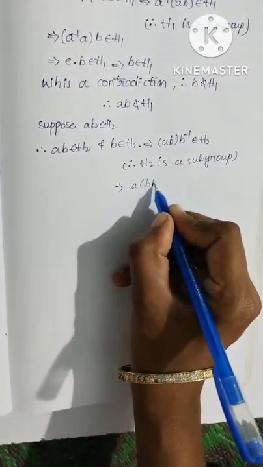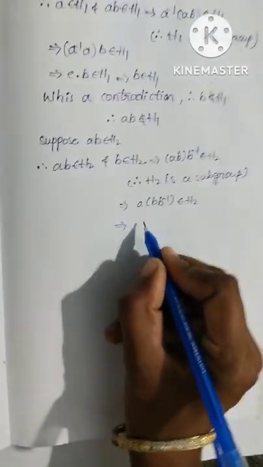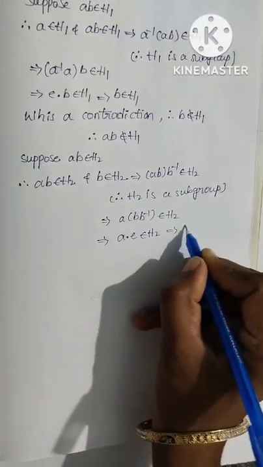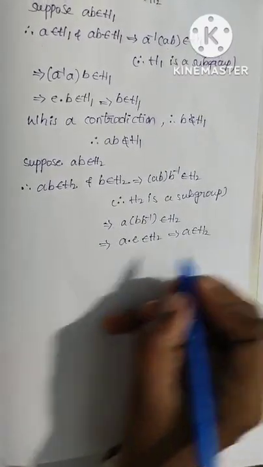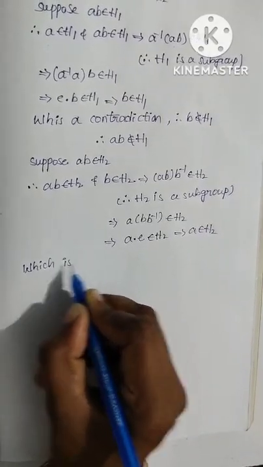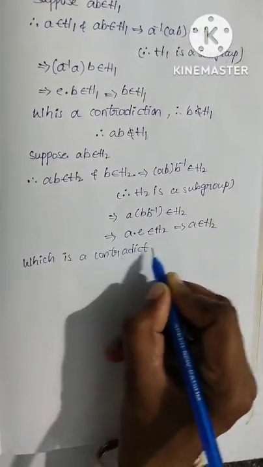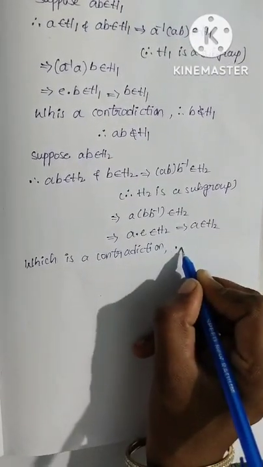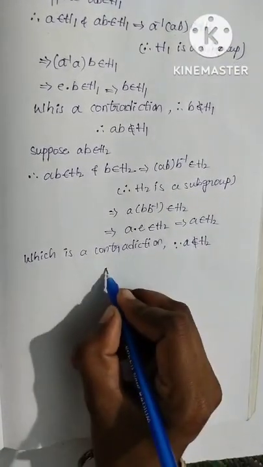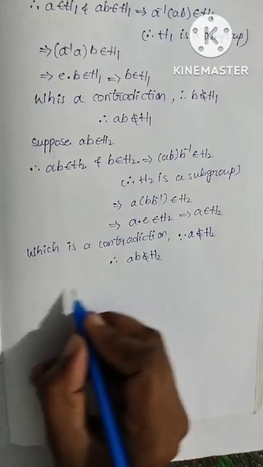AB into B inverse belongs to H2 and A into E belongs to H2, so A belongs to H2, which is a contradiction. Therefore, A does not belong to H2, and therefore AB does not belong to H2.